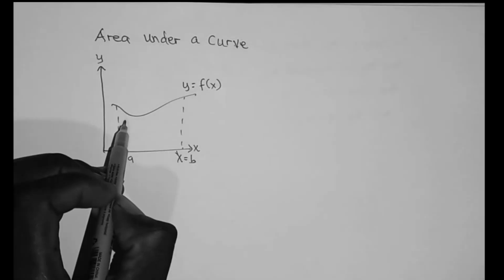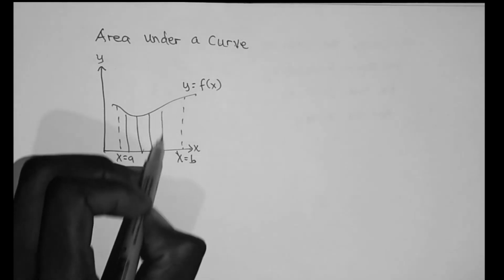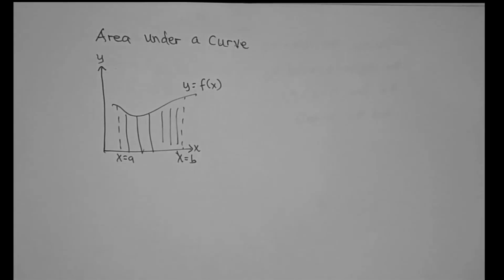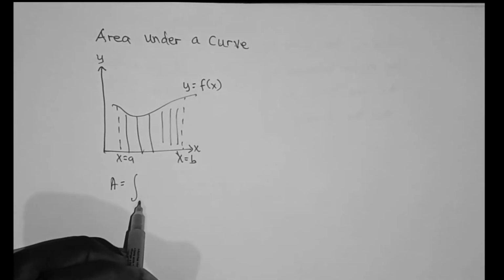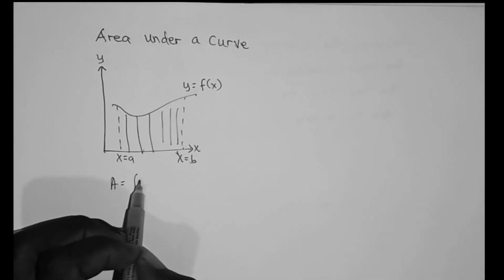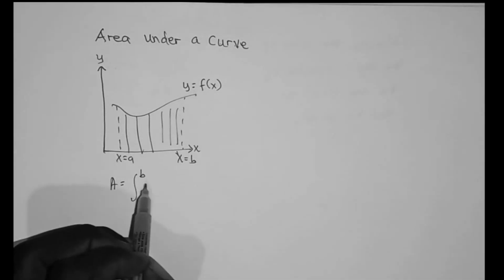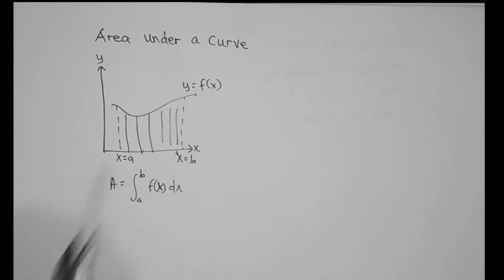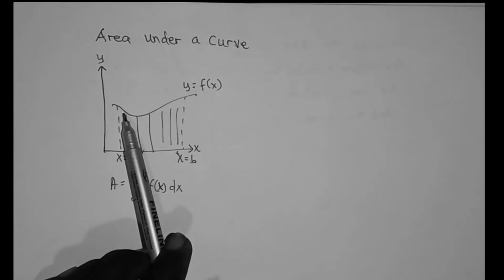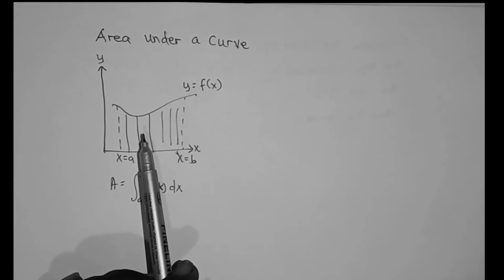What is the area under this curve? The area under that curve is giving us area equals integral of x equals a to x equals b of f of x dx. So this is the area under this curve.